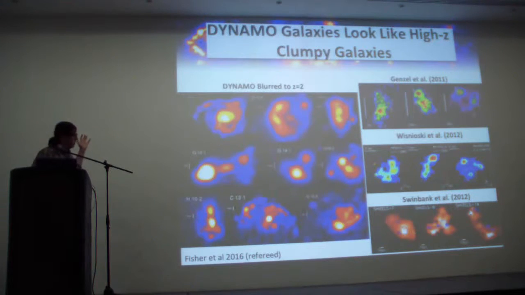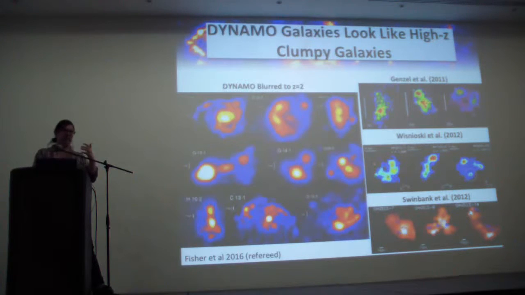You see very similar properties in both types of galaxies. In DYNAMO galaxies, we have these rings of clumps that are popular at high redshift. We have chains of clumps that are popular at high redshift. You can also pass these blurred maps through any of the quantified definitions of what a clumpy galaxy is, and DYNAMO galaxies pass all those criteria quite well.